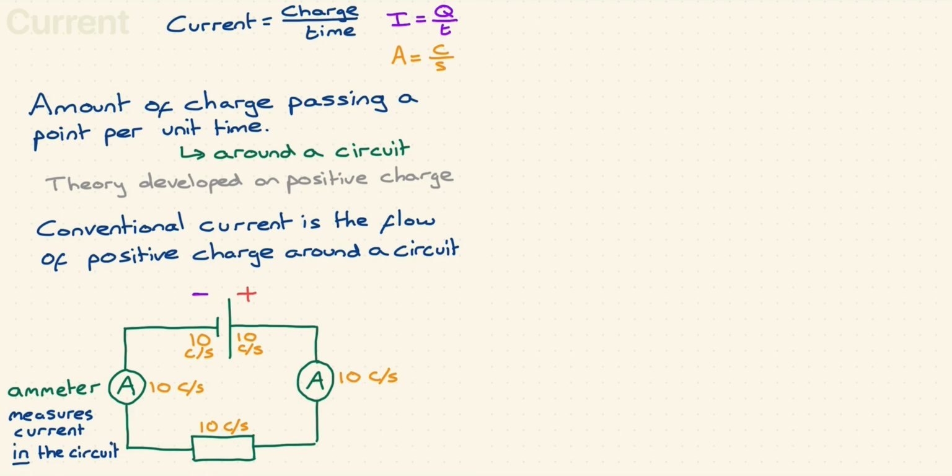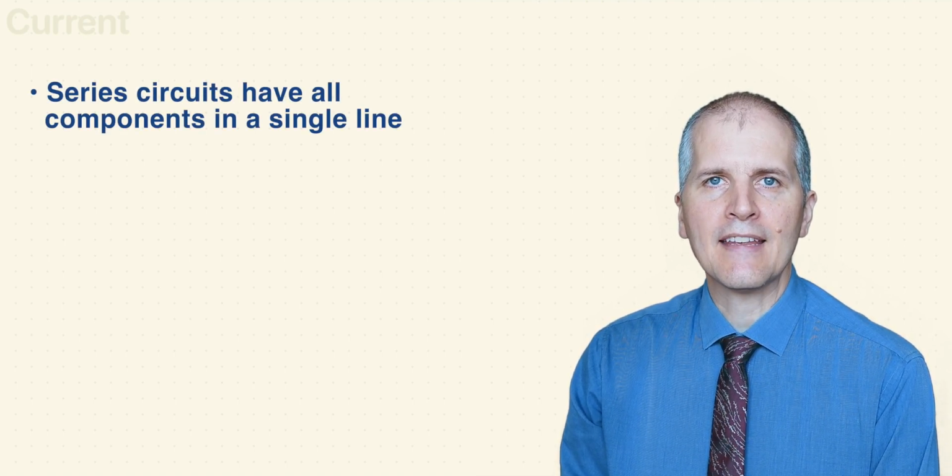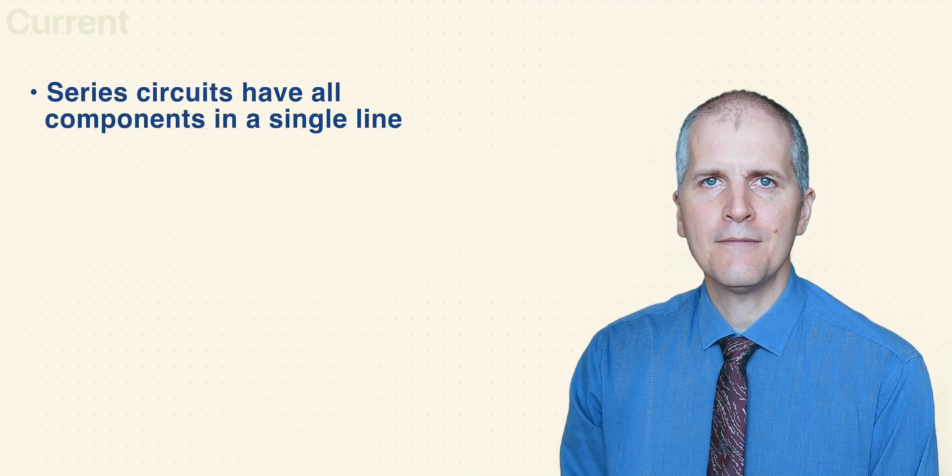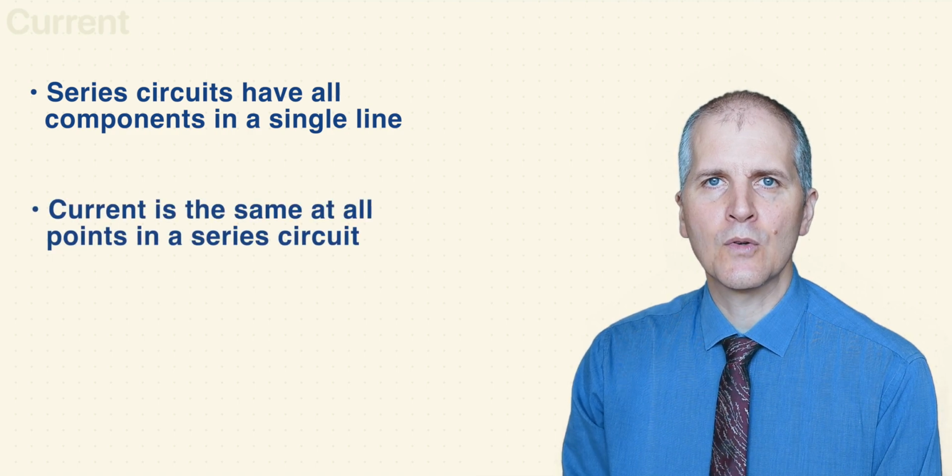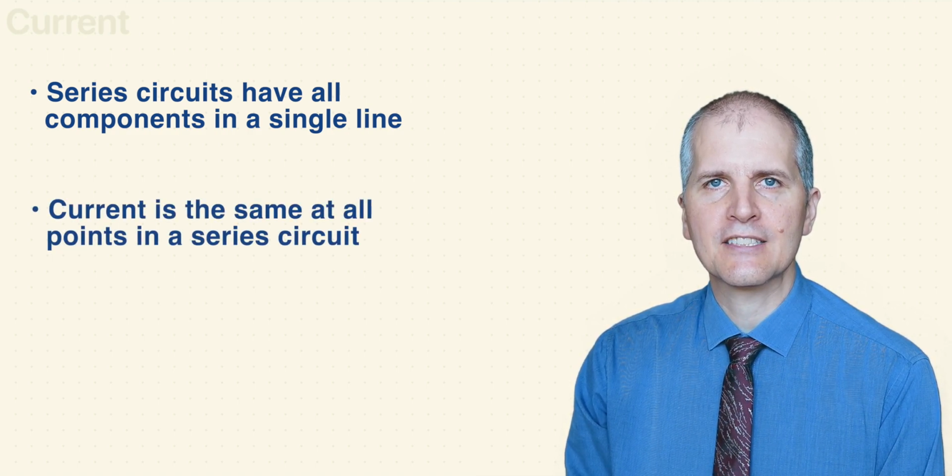There was nowhere else for the charge to go, so it just flows around this circuit, staying constant. Current is the same everywhere in a series circuit. In summary then, in a series circuit where everything is connected in a single line, the current is equal in all parts of the circuit.